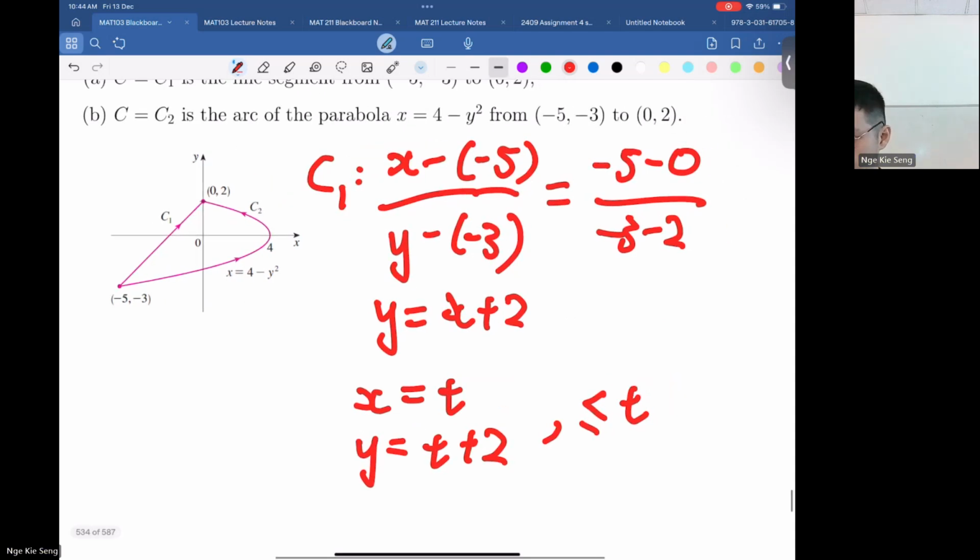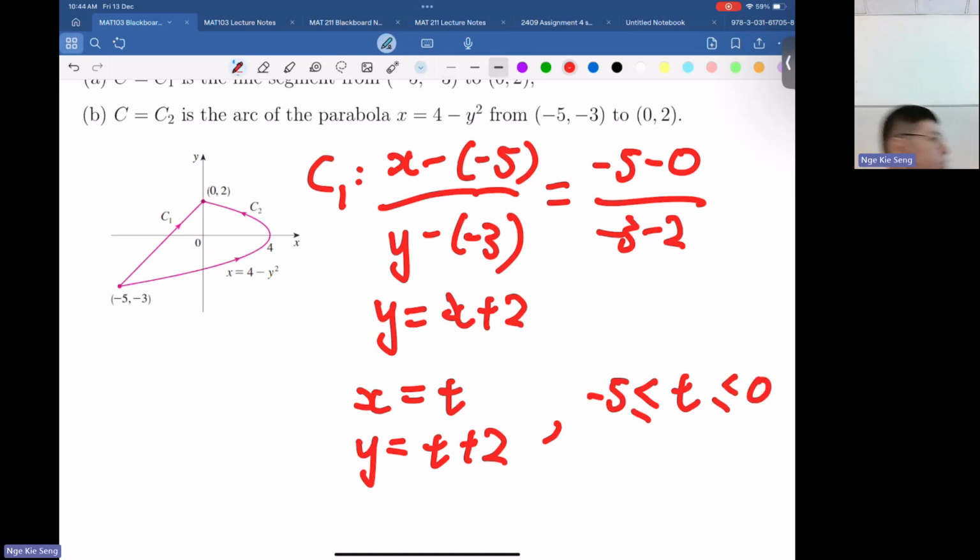Minus 5 to 0. So make sure you check: do you get the endpoint and starting point or not? If you set t equals minus 5, you get minus 5 plus 2, which is minus 3. And then t equals 0, you get x equals 0, and y equals 0 plus 2.